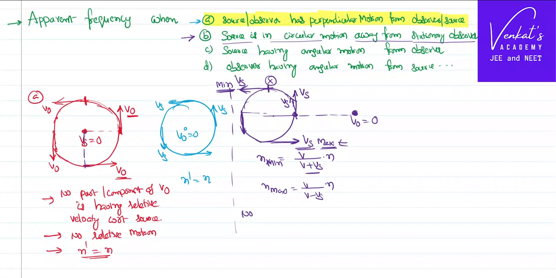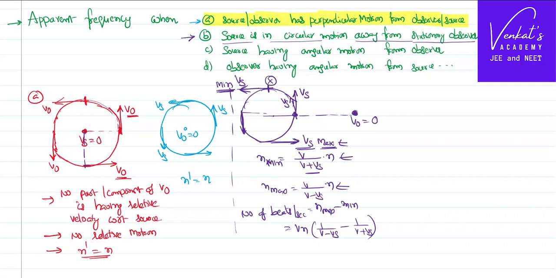Like we have done in the previous video, we'll get beats because these frequencies are different. The number of beats per second is the maximum frequency minus the minimum frequency. So vn is common: 1 by (v minus vs) minus 1 by (v plus vs).